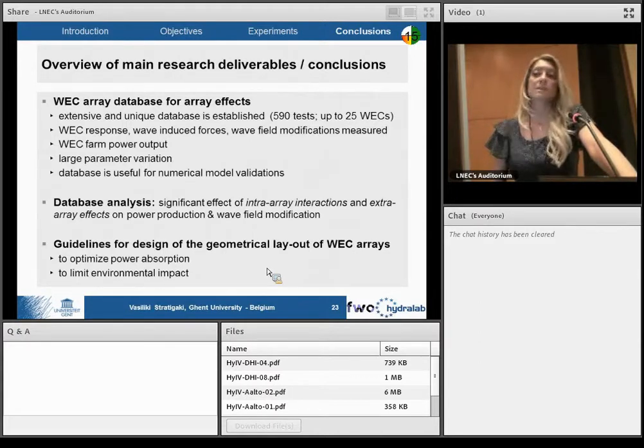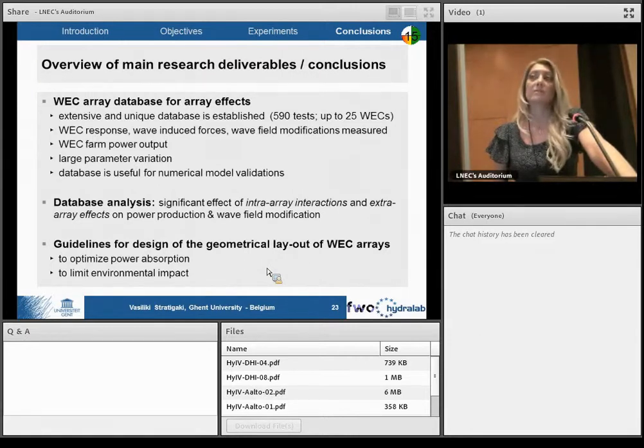The last one was in ICC a couple of weeks ago in Seoul, and the next one will be COAST-LAB 14 in Varna, Bulgaria. We also have published in Energies journal paper, and we have 2 journal papers in coastal engineering and renewable energy under review.